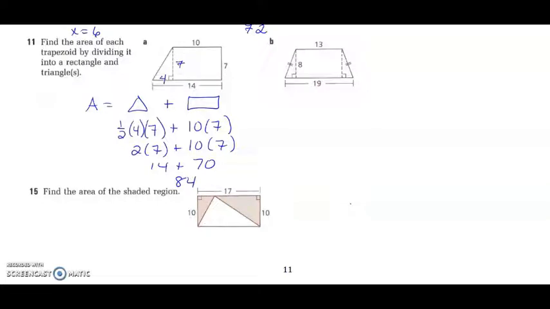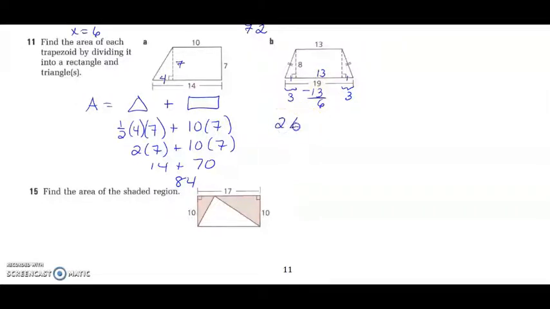If the lower base is 19 and the upper base is 13, the difference is 6. Given this is an isosceles trapezoid, then I know that 6 needs to be distributed equally. So that distance is 3, that distance is 3, and that's 13.